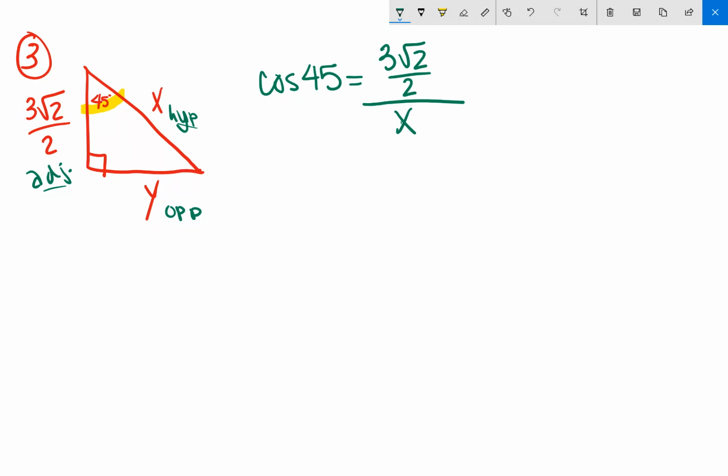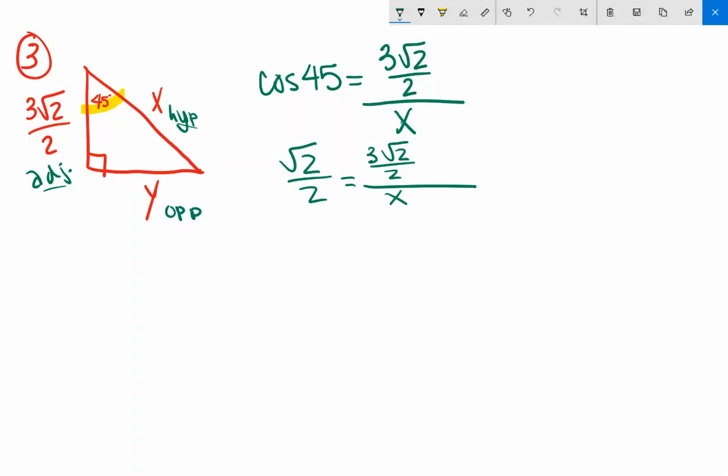And I find when I have complex fractions like this, I generally just make a really big dramatic line for that. So then cosine of 45 is the square root 2 over 2, and that's going to equal 3 square root 2 over 2 over x.